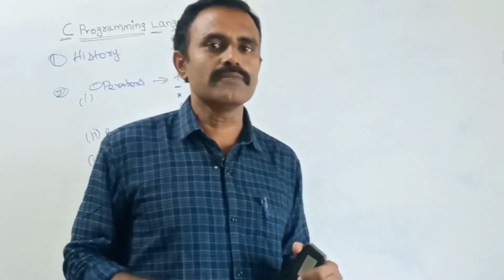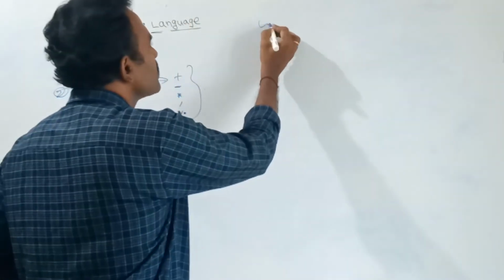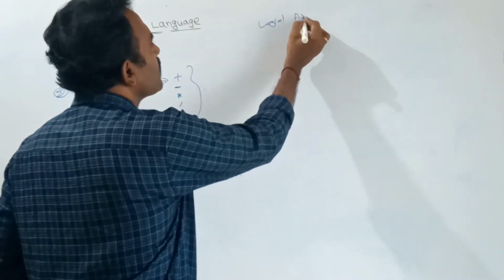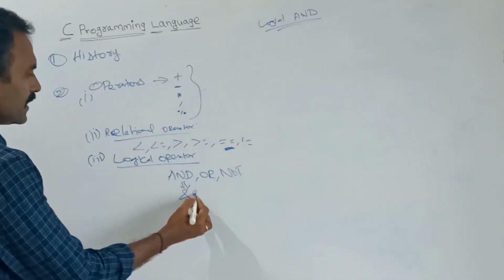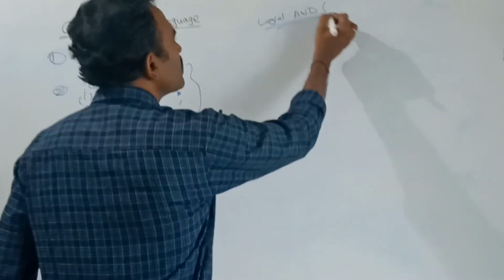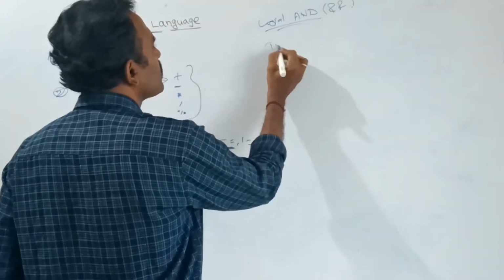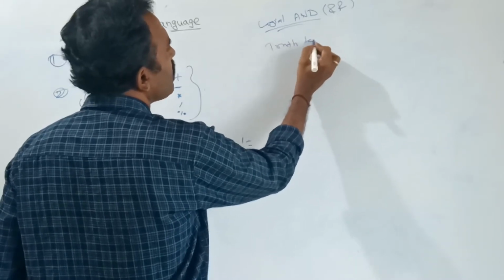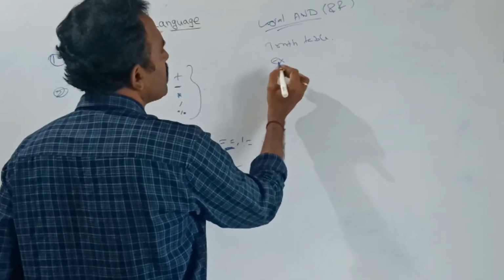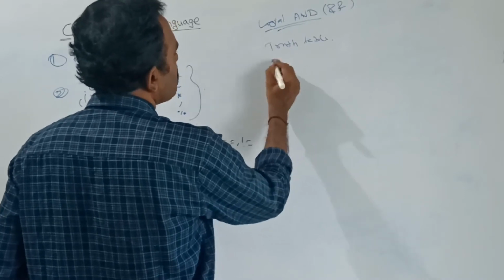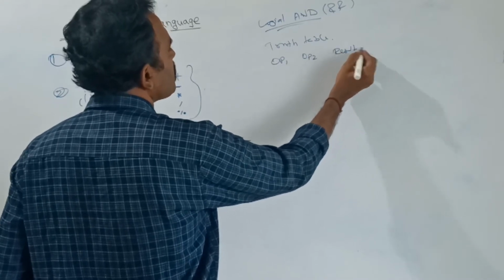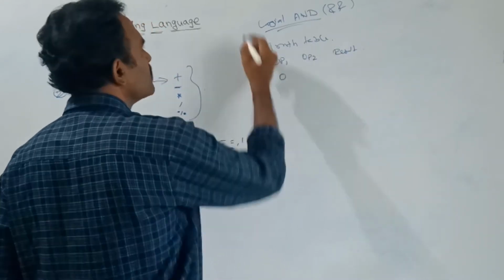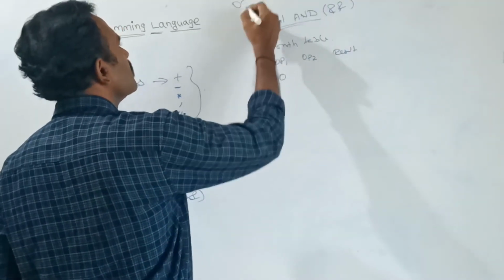I will explain with the help of a simple truth table for logical AND. What is the symbol of the AND operator? The symbol of the AND operator is double ampersand. In the truth table we have operand 1, operand 2, then the result. 0 means false, 1 means true.